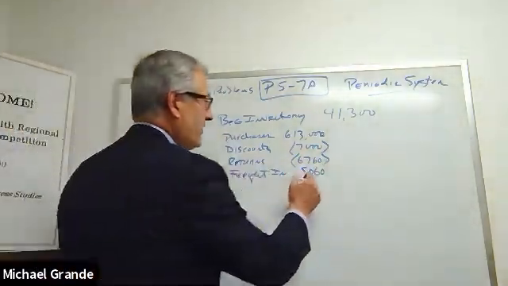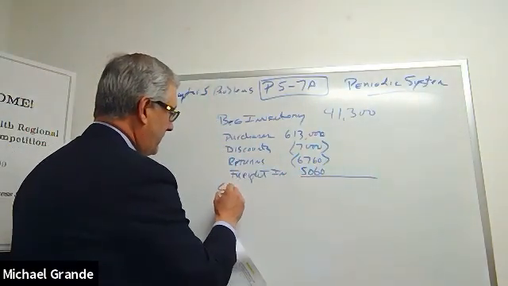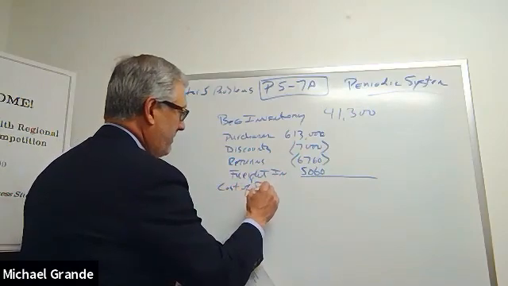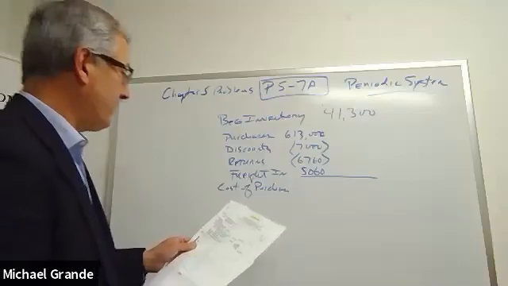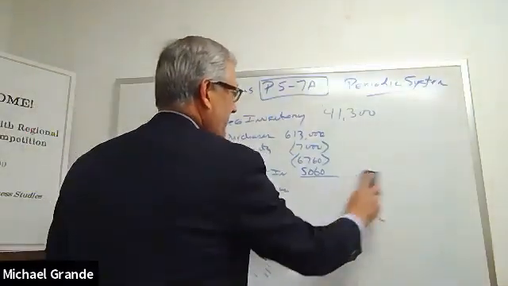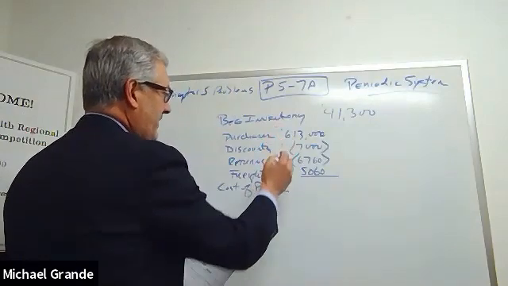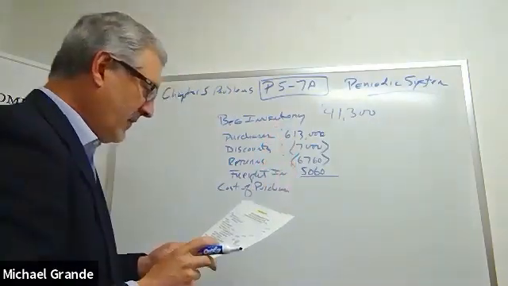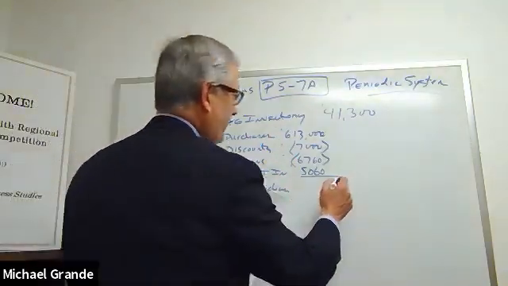So cost of purchases, the 41.3 plus cost of purchases less discounts, less returns, plus freight in was a total of 6,043.